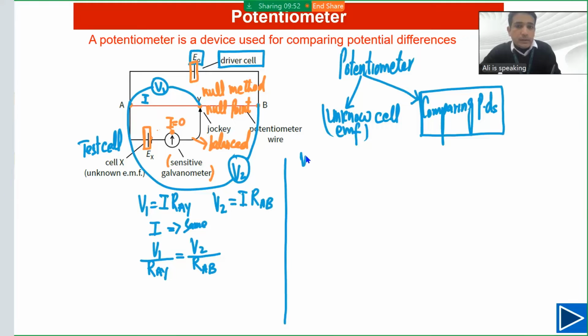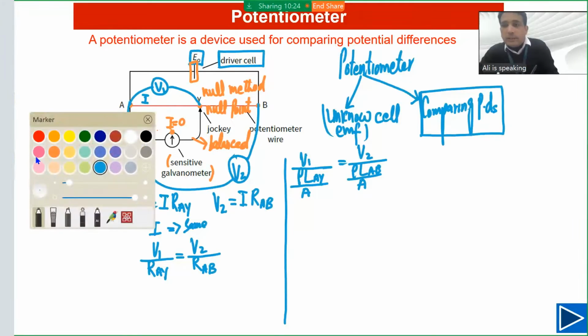So we take V1 and the resistance of part AY, which is rho times L_AY divided by the cross-sectional area of the wire. And this has to be equal to V2 divided by the resistivity of the wire times the length of the wire, that is AB, divided by the cross-sectional area of the wire.